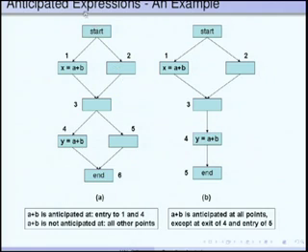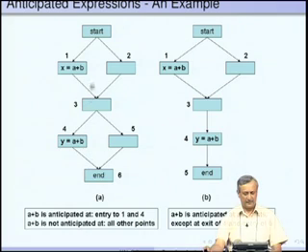Here is a very simple example of anticipated expressions or very busy expressions. So, if you consider the expression a plus b, that is the only one here. So, at the point 1 and also the point 4, a plus b is anticipated, because a plus b is inside the basic block, it is being computed, and we have not defined a or b here. If there had been a definition of a or b just before this computation, then this would not have been anticipated at this point.